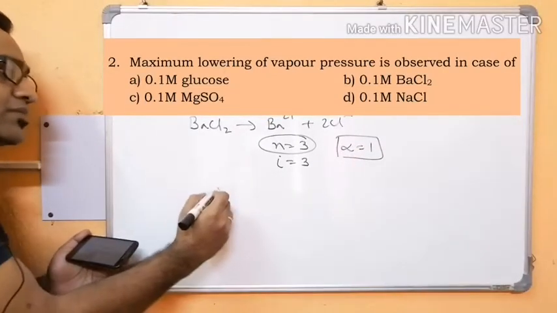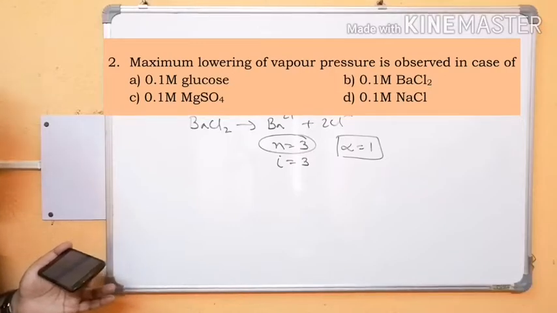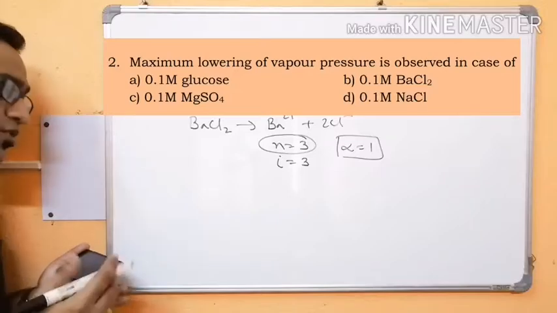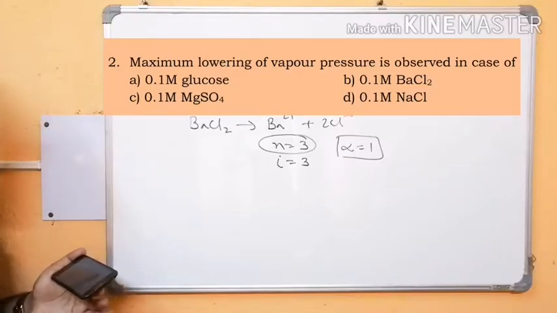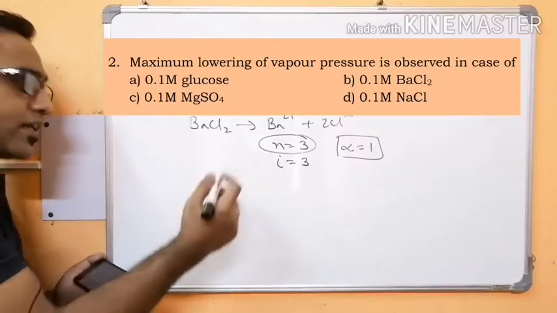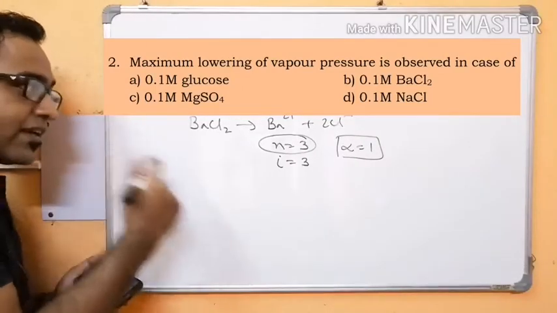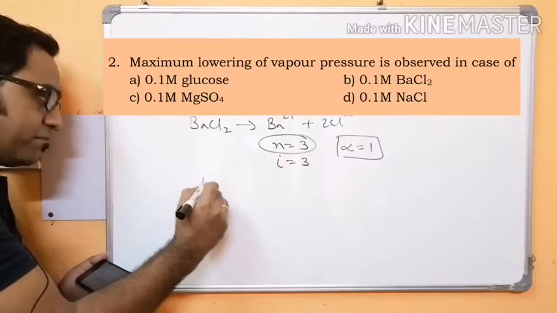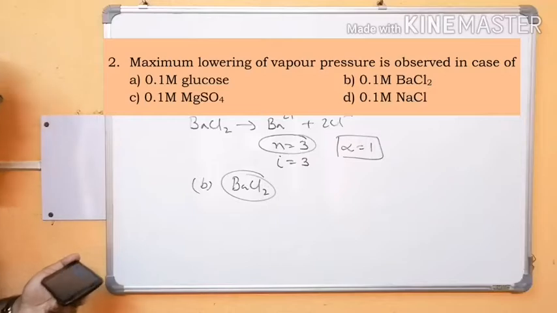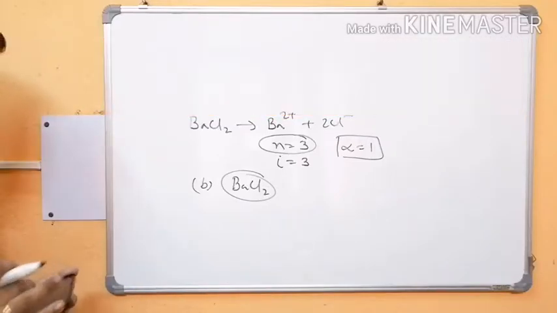In case of magnesium sulfate, it will dissociate into magnesium ion and sulfate ion. So n will be 2 and i will be 2. Sodium chloride, again n will be 2, i will be 2. So the answer is option B, that is barium chloride will have maximum lowering of vapor pressure.